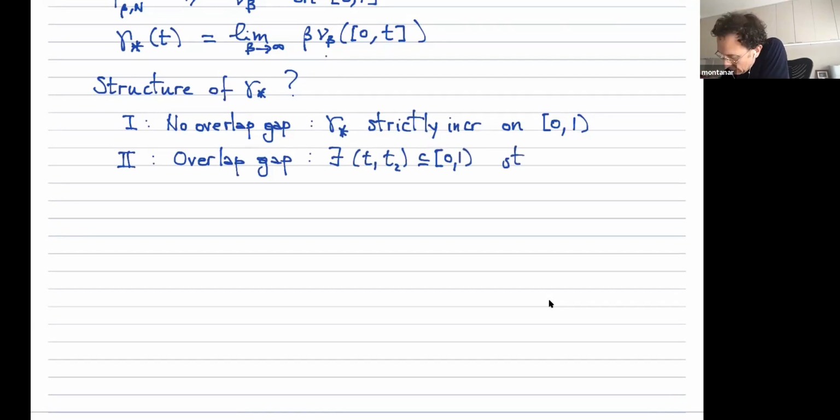So gamma is increasing in some parts, but is constant in this interval.